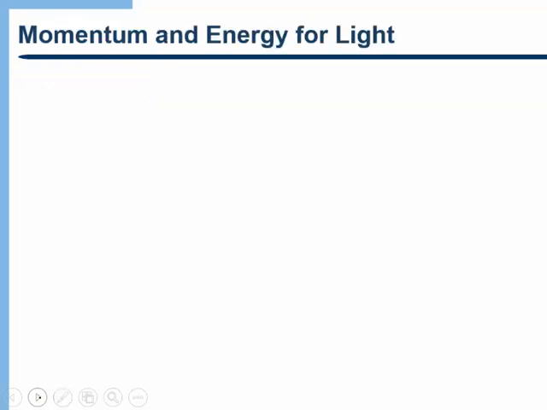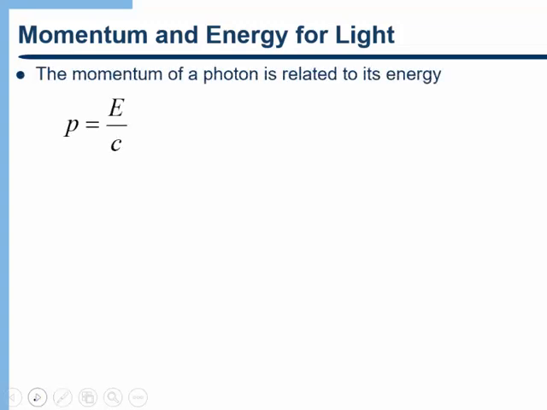I want to talk about the momentum and energy carried by photons. So if you remember the definition of momentum from first semester physics, you know that momentum is mass times velocity. Obviously, that can't be the way we define momentum for light because light photons are massless.